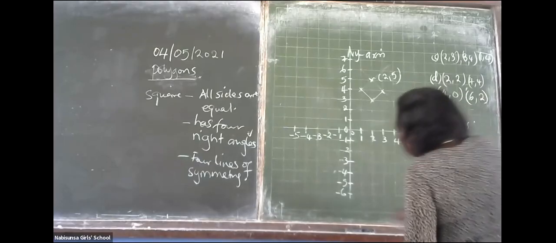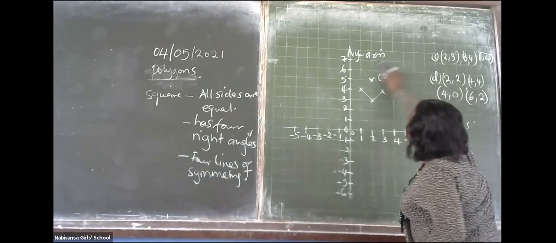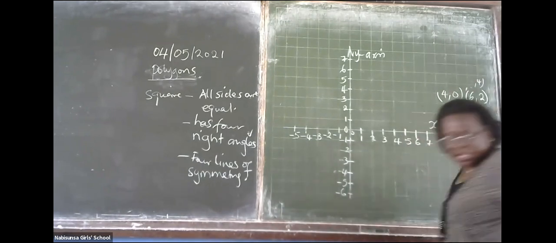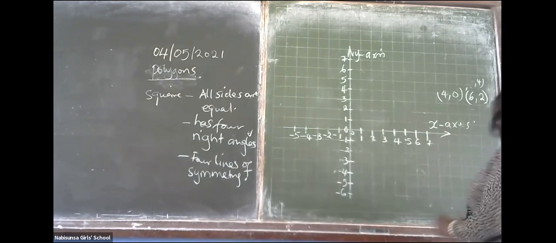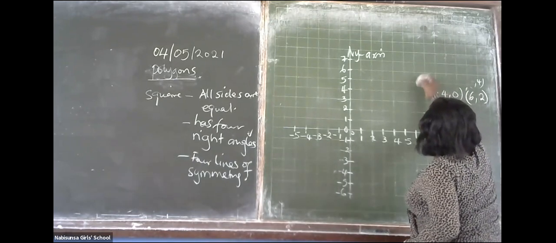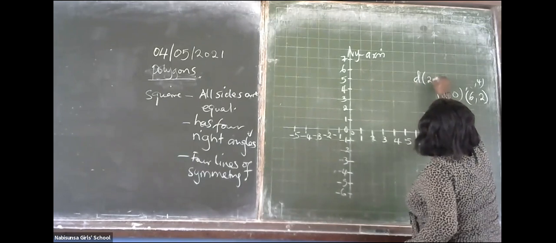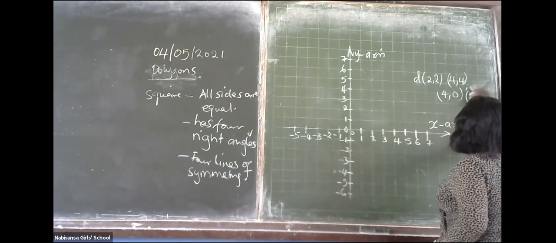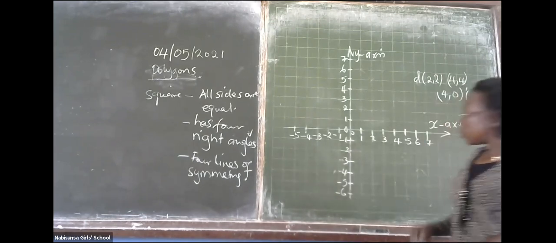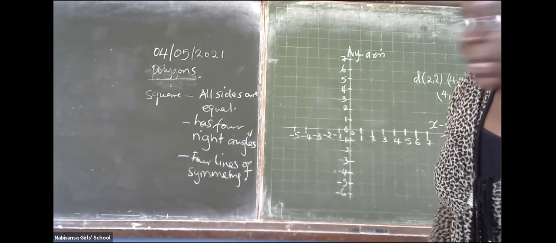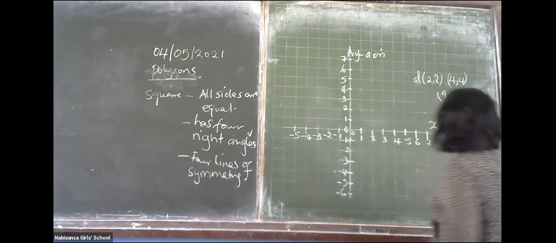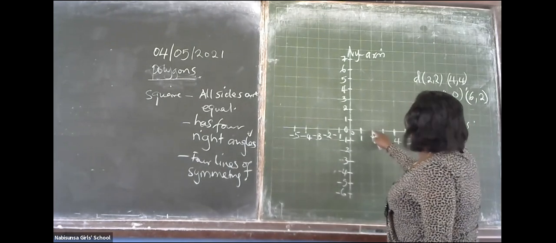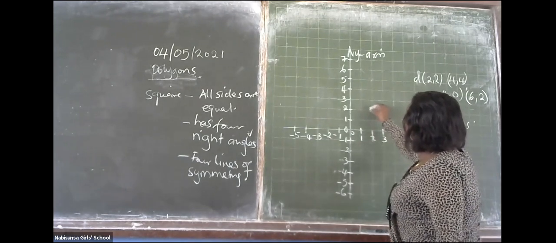Now somebody is asking, how do we get 6, 2? Which means they have to look at how we obtain them. For part D, we have 2, 2, 4, 4, and 4, 0. Allow me to work it out so that we see how we get the missing point. Can we plot the first point? 2, 2.